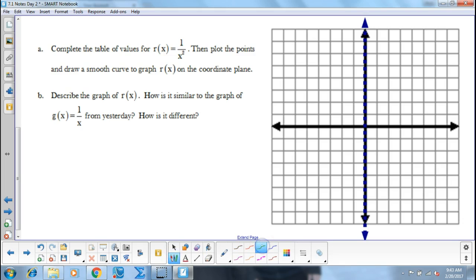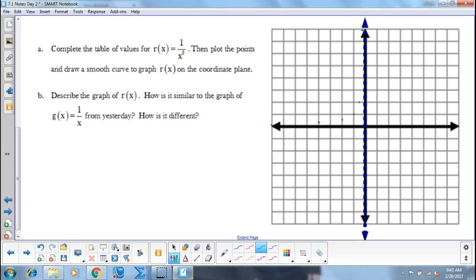Then, we said over at negative 10, it was at positive 1/10. At negative 5, it was positive 1/5. At negative 2, it was positive 1/2. At negative 1, it was positive 1. At 1/2, it was positive 2. At 1/10, it was positive 10, and so on and so forth.